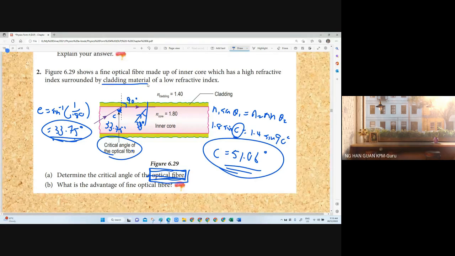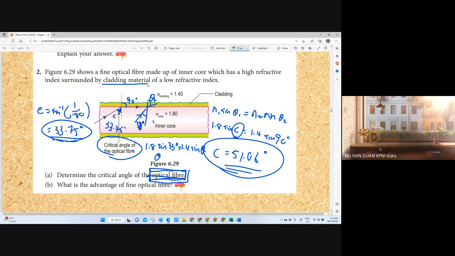So what happens at this angle? The theta 2. Okay, so now we try to calculate when the angle here is 33 degrees, which is less than the critical angle of the inner core, 33.75. So it will be refracted into the outer cladding. Then how much is the angle here? So now you try to calculate. So you see 1.8 sin 33 equal to 1.4 sin theta.